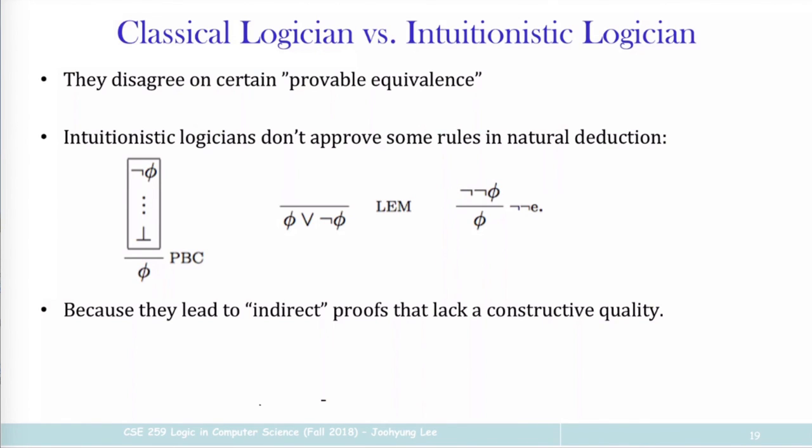We're not going into the detail, but there is some merit to that point. Their position is that if you allow this type of set of rules, then you will have very unintuitive proofs. That's the proof that we are going to see next time. Okay?